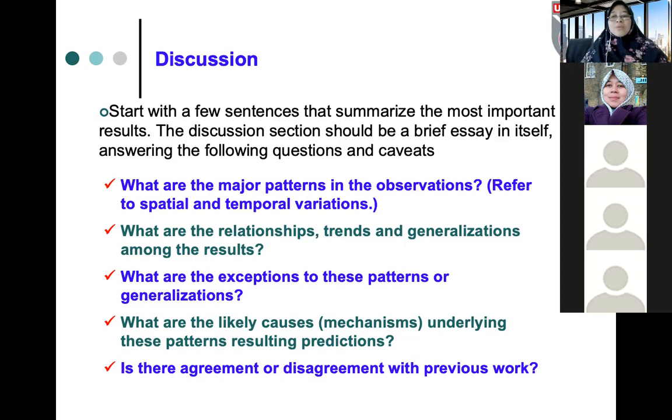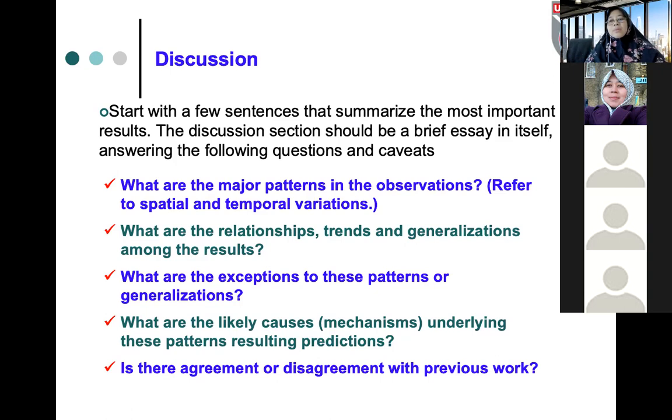And then the third one that should be in the discussion as well is any agreement or disagreement with previous work? It's not always necessary to have this, because sometimes your work is probably a new one, so not many have data on this.